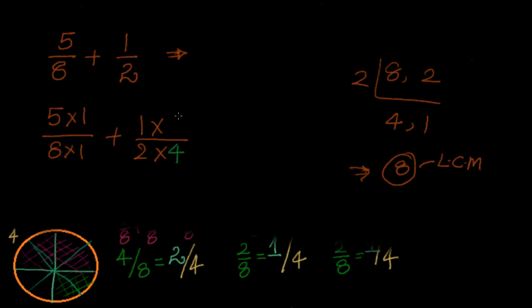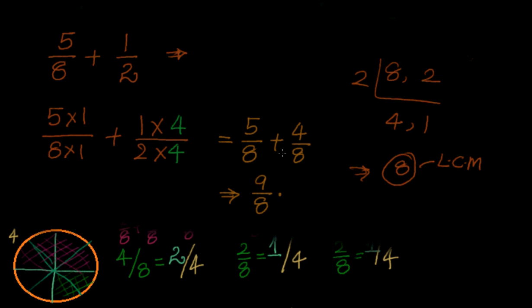So I will multiply by 4. Now they became like fractions. 5 by 8 plus 1 fours are 4, 4 by 8. Now this is pretty simple. When the denominators are the same, you can add them directly. 9 by 8. This is how you have to add two fractions.